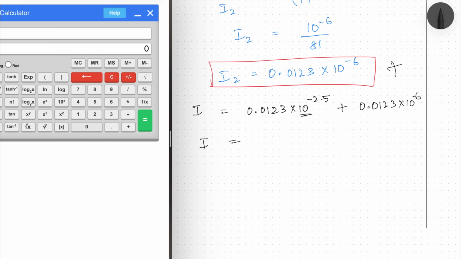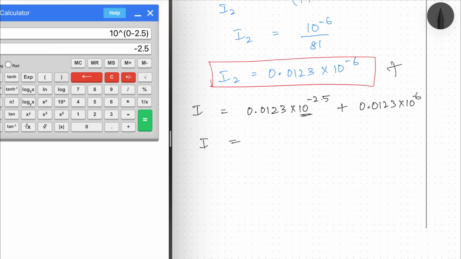10 to the power minus 2.5 is equal to 0.0316 something, and you multiply this by your 0.0. Oh god, okay, wait, we'll do this again. 10 to the power bracket minus 2.5.